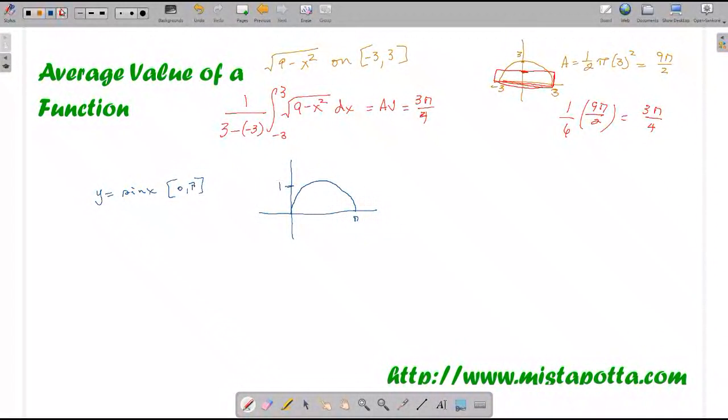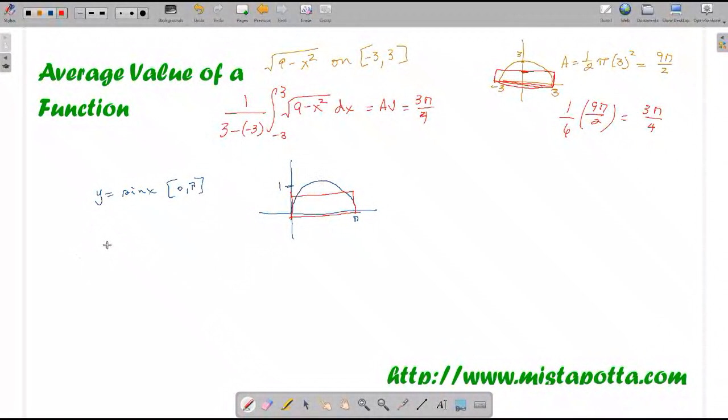But I know that there's got to be some rectangle of some height that has the exact same area as the area under this blue curve.